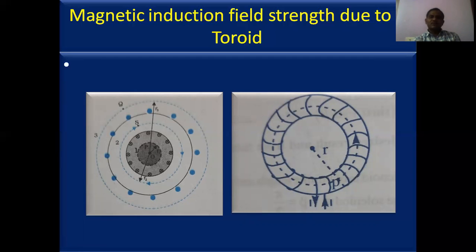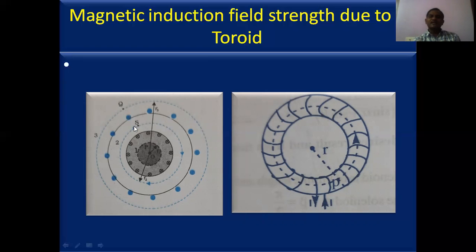So for the first point P, what can you observe? Yes, here the current enclosed by this path is 0 because there are no turns. So the contribution of turns to the magnetic induction field strength is 0. Therefore, in the interior empty space of the toroid, at every point the magnetic field is 0. Similarly, for the external point, the magnetic induction field due to each turn at this point and at this point will be in opposite directions.